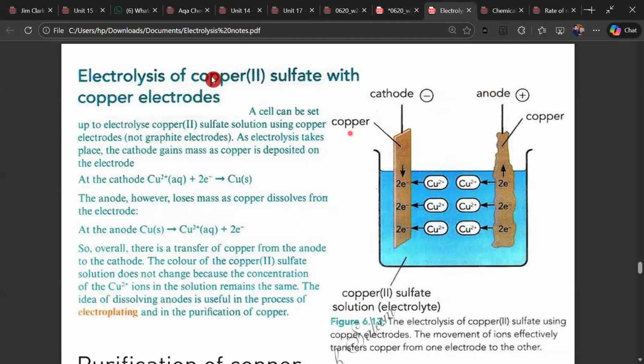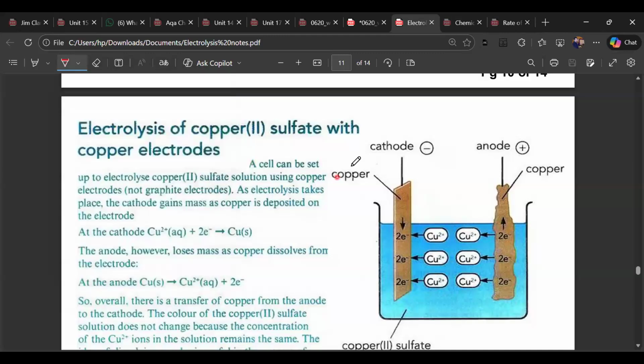It does not decrease, rather it increases. So that is incorrect. The mass increases for the cathode. That's why option D is incorrect.